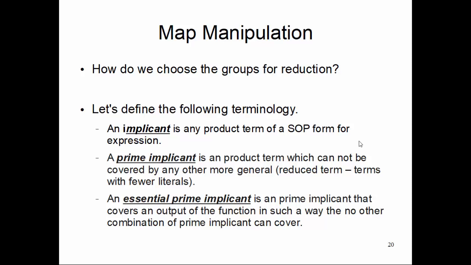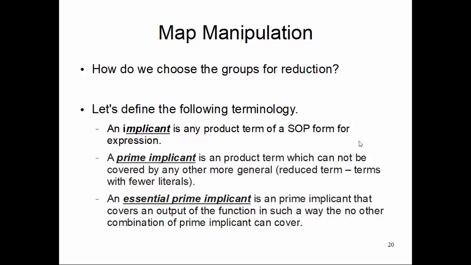A prime implicant is a product term which cannot be covered by any other more general term, or the reduced term with fewer literals. Think of it like this: by combining these neighboring ones, you are essentially reducing them into a term with fewer literals.